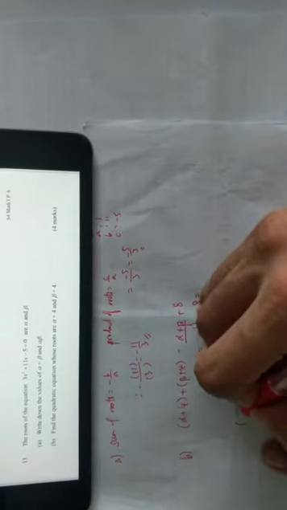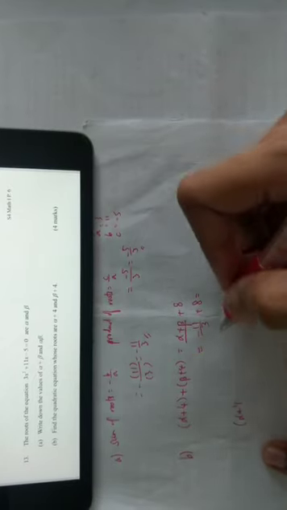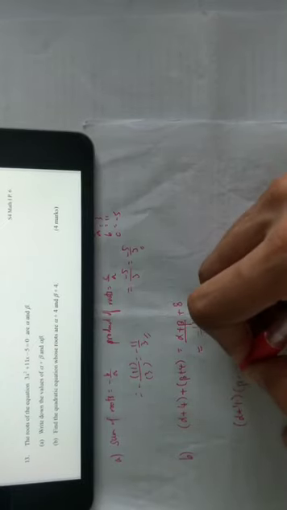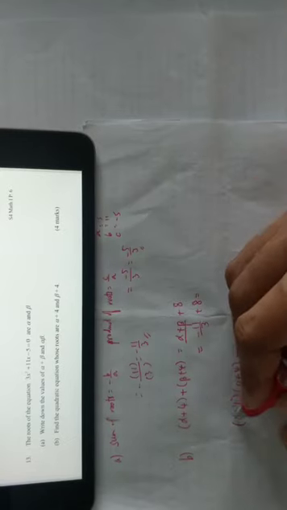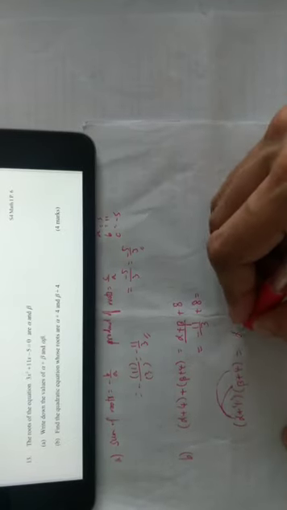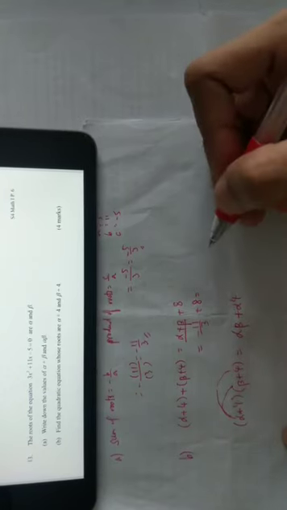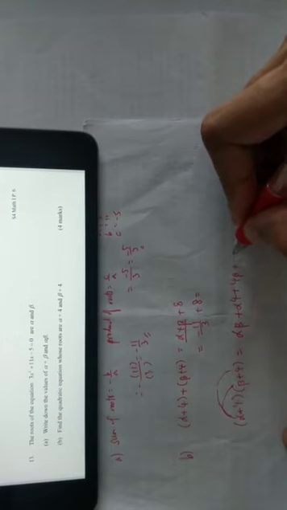And similarly, the product of roots, so alpha plus 4 times beta plus 4. Now for this case, you multiply them: alpha beta plus 4 alpha plus 4 beta plus 16.